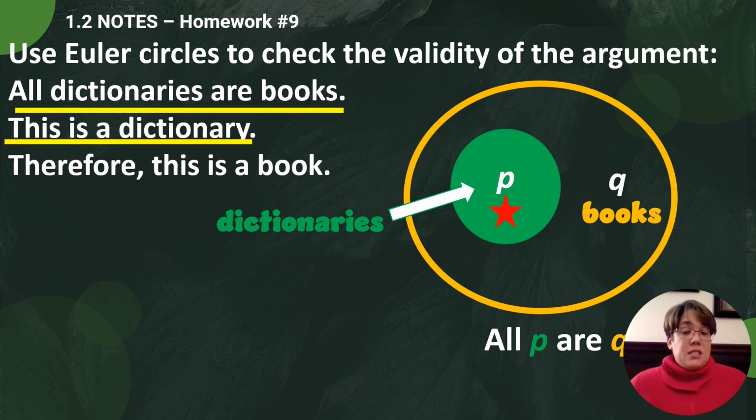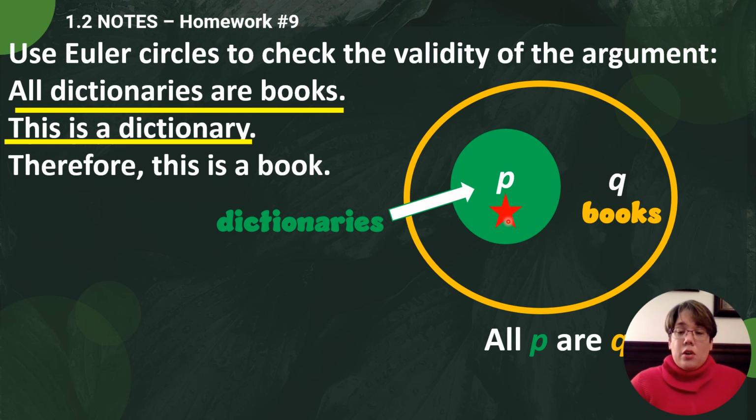So I'm going to test the validity of it where it says this is at. Now, is this a true statement? Therefore, this is a book. Since this little star is right here, does that star mean that it's a book?